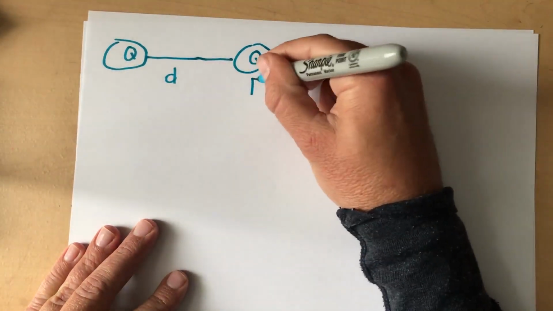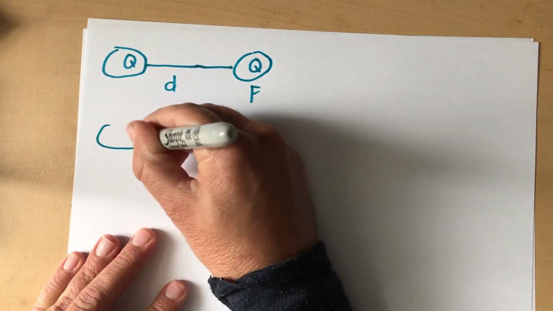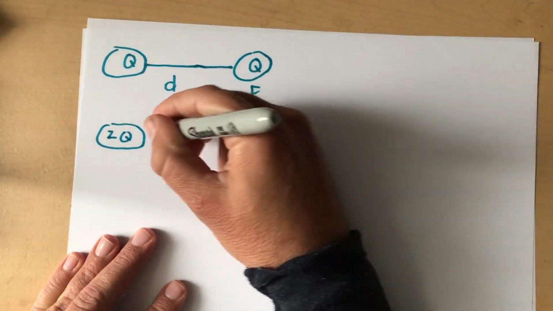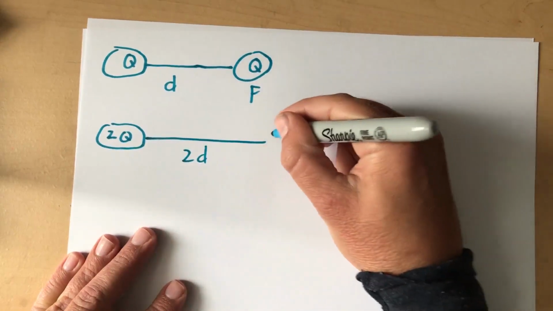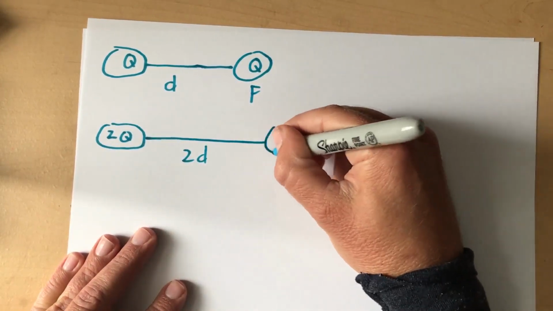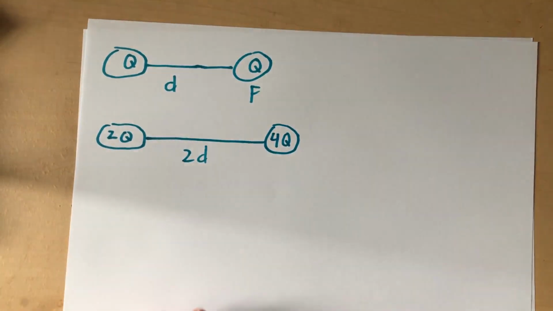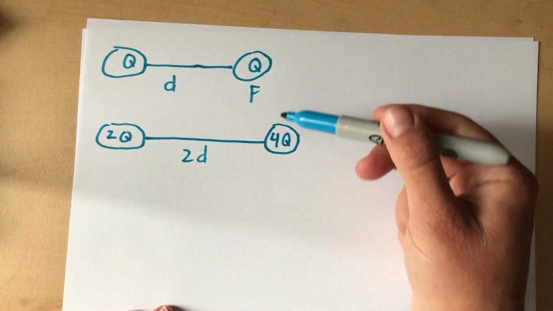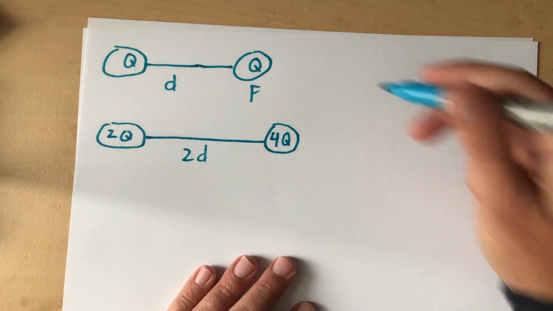We'll call it Q, and the force between those is F. Let's say now that this becomes 2Q over here, and the distance becomes 2D, not drawn to scale, and then this charge becomes 4 times the original charge. So charge 1, we doubled the charge on it. Charge 2, we quadrupled the charge on it. It's 4 times bigger, and the distance we doubled.